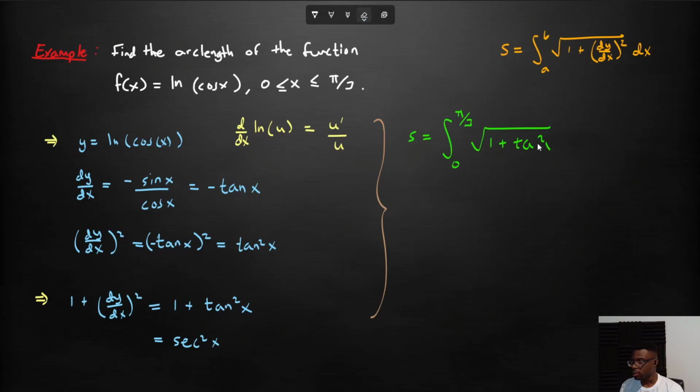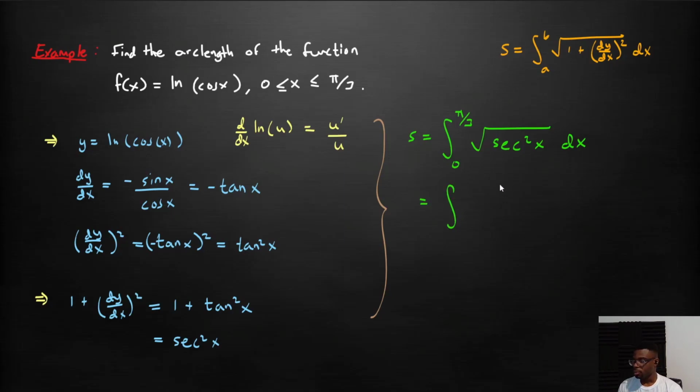So we'll replace the 1 plus tan squared of x with secant squared, times dx. At this point, we're essentially almost done with the problem. We just need to simplify the square root function, and then we can integrate from 0 to pi over 3.